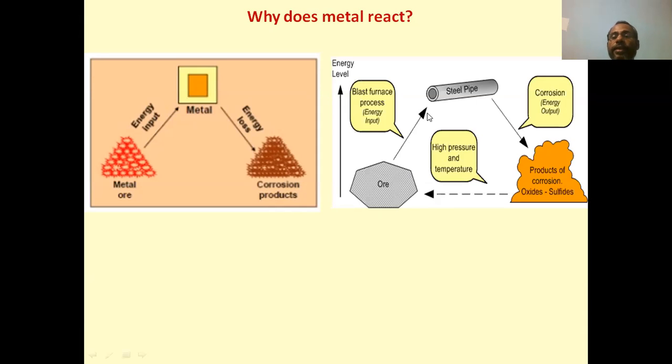Then we get the pure metal, and the metal is used to manufacture different materials. Now if the metal is exposed to the atmosphere, it reacts and undergoes corrosion, giving a corrosion product. Under temperature and pressure, that corrosion product, oxides or maybe sulfides of the metal, goes into ore. Now the question is why metals react.